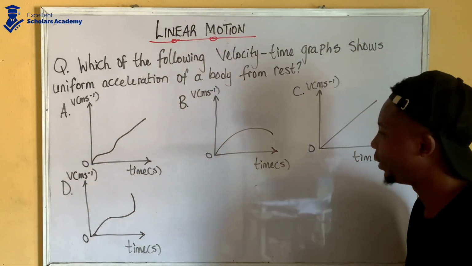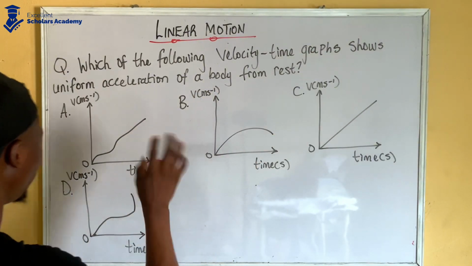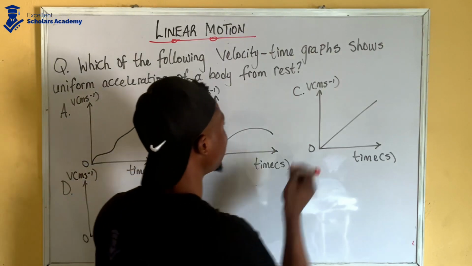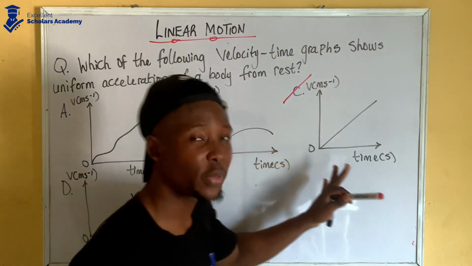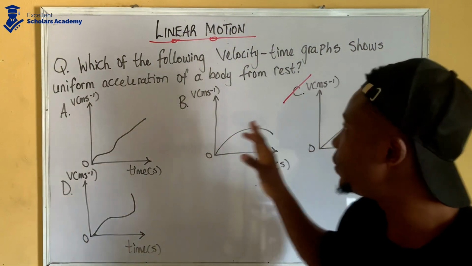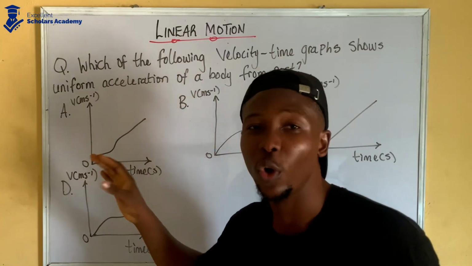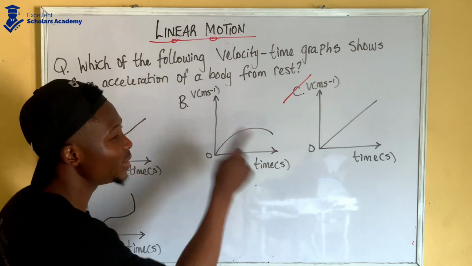So which of these velocity time graphs represents uniform acceleration? Now, of course, the correct answer is option C, all right? Option C boldly represents the graph of a uniform acceleration of a body, all right? So our answer here is option C.